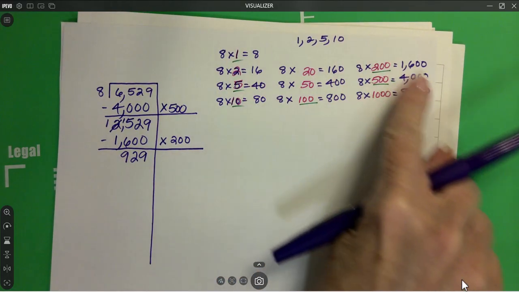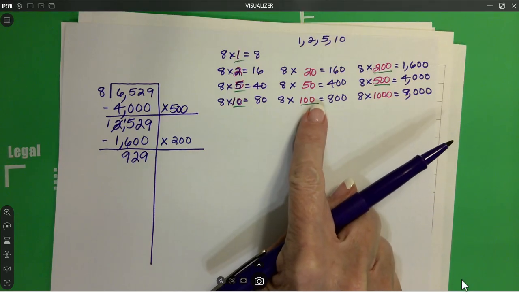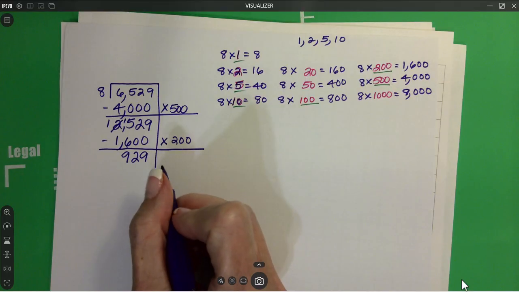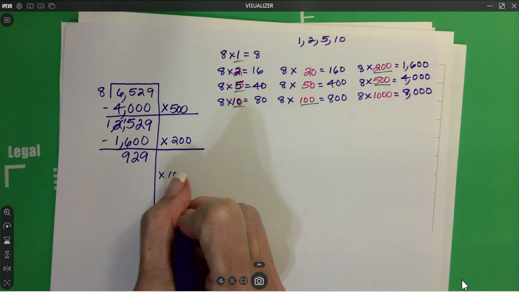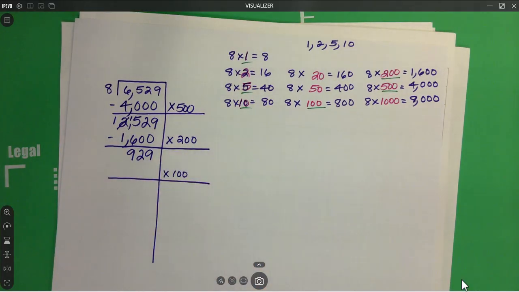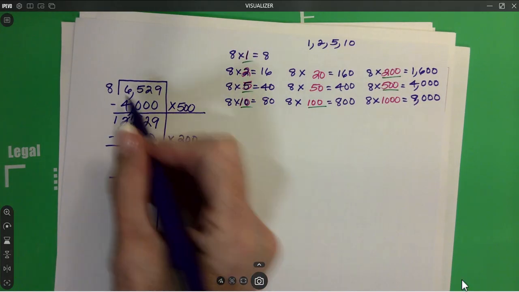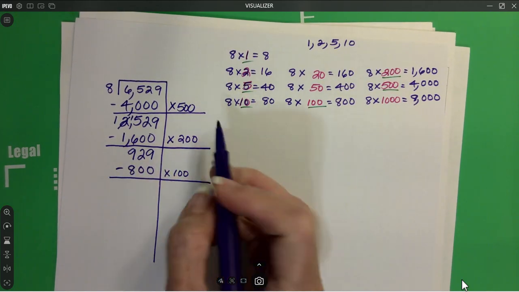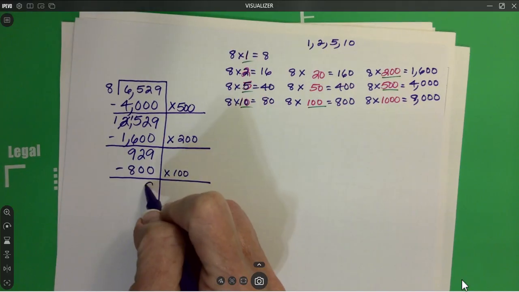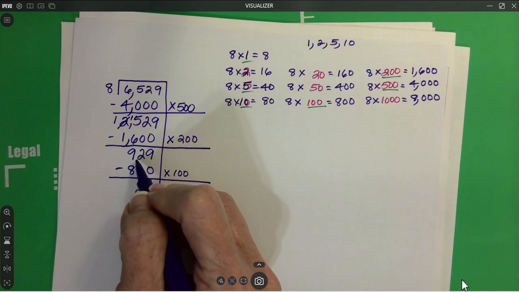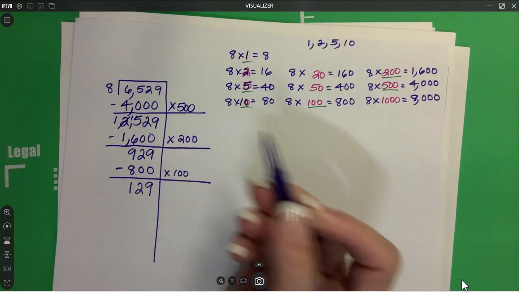And if I look at my list over here, I can see that I could take out 8 times 100, which is 800. So I'm going to multiply by 100. So 100 times 8 is 800. Going to subtract. 9 minus 0 is 9. 2 minus 0 is 2. And 9 minus 8 is 1.